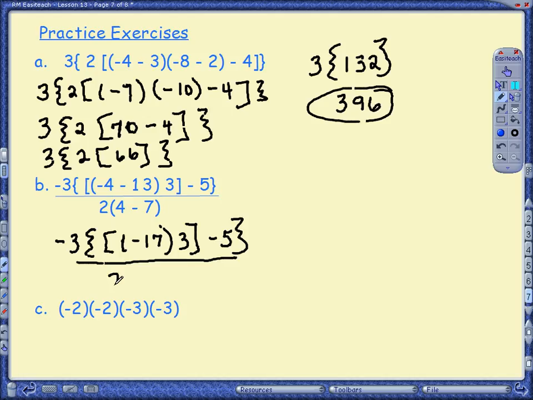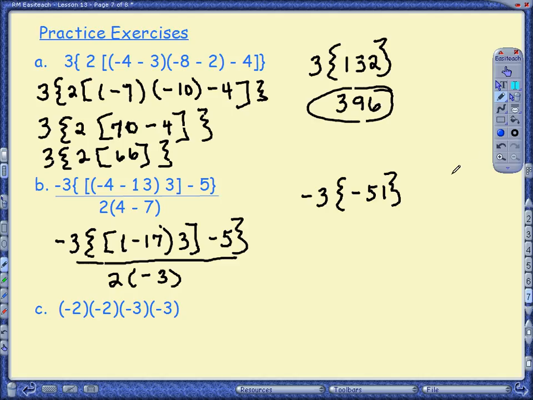Okay, now I'll work in the symbol of inclusion. 4 minus 7 is -3. Now I'm going to go back to the numerator, and I'm going to work inside the brackets. That's the innermost now. So I'm going to have -3, rewrite my brace. 3 times -17 is -51.